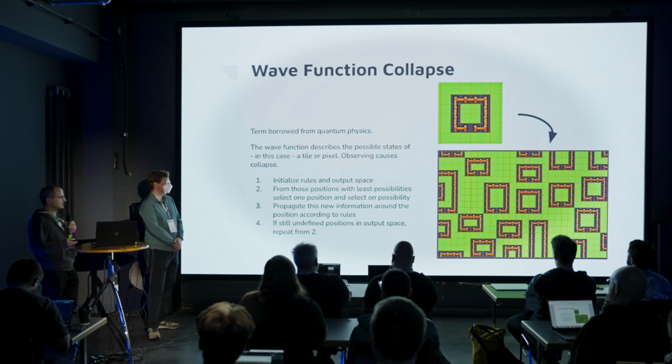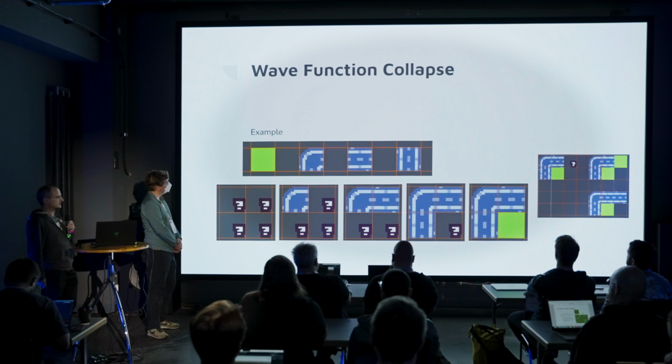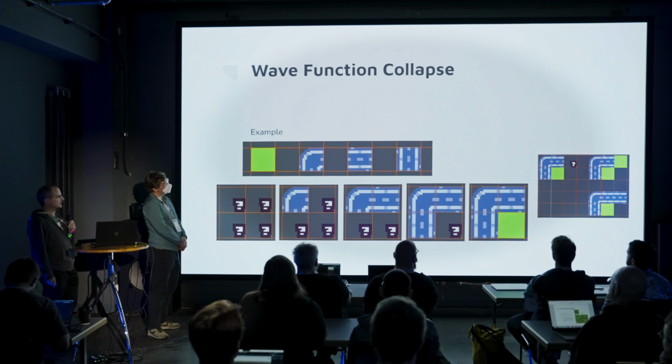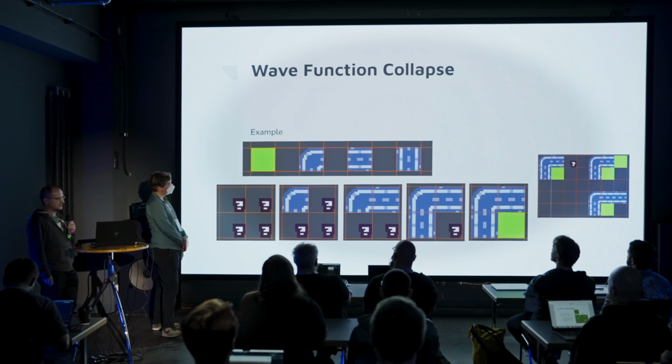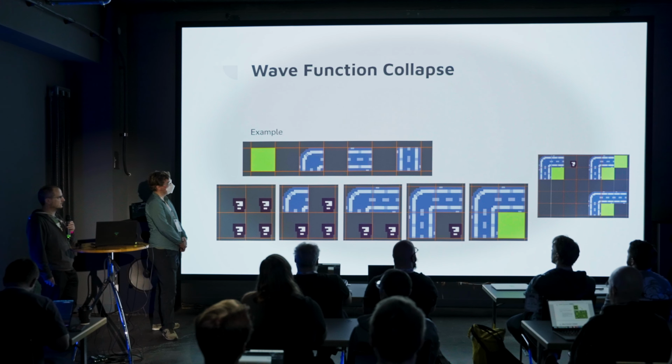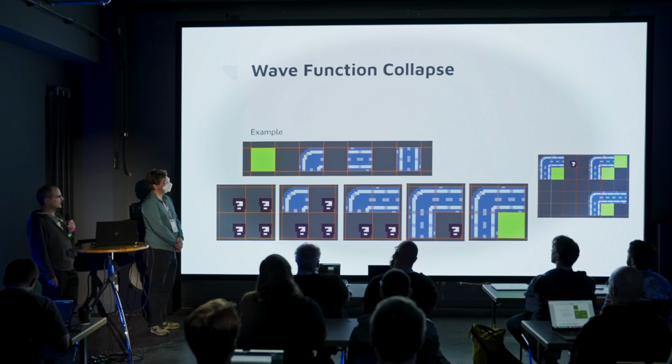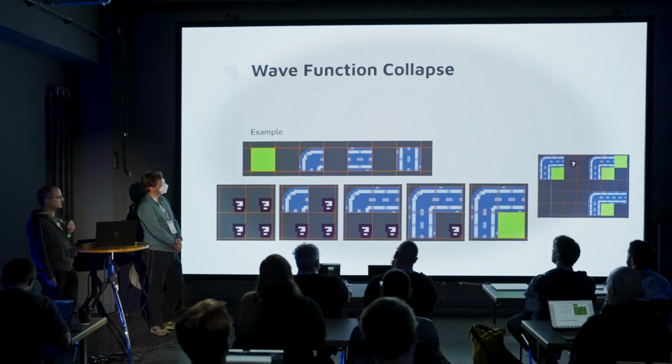So just as a small, tiny explainer, given the tiles at the top, we start on the very left. We know nothing yet, and in the second image, I've fixed down one of the tiles. And then immediately to the right, I know the one tile that goes best here is this one.